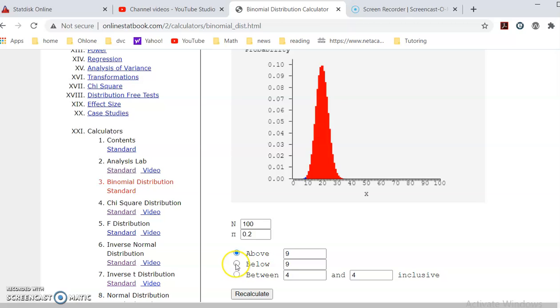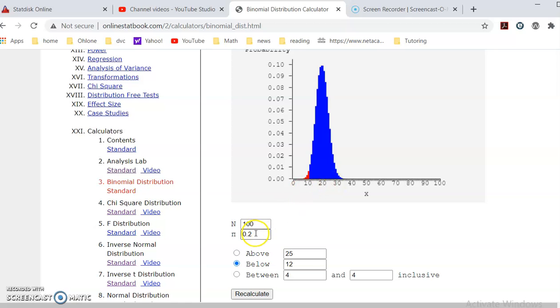The center is about 20, because P is 0.2. So the distribution of X is normally distributed.